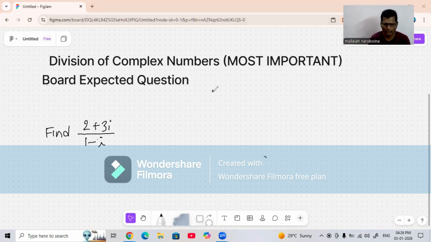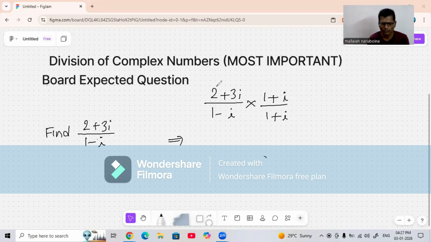To divide one complex number by another complex number, we have to take the conjugate of the denominator. Conjugate of 1 minus i is 1 plus i. So take the conjugate of the denominator and write it in numerator and denominator. After that we have to multiply.